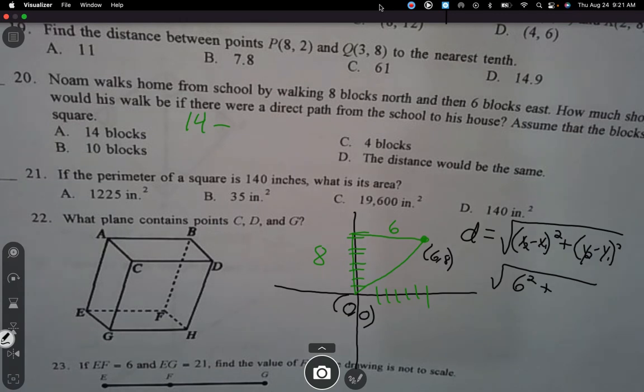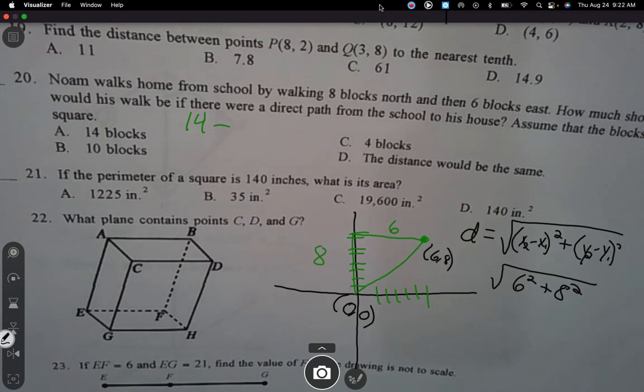Let's subtract our y's. 8 minus 0 is 8. Now, real quick, does anybody not understand where I got those numbers from? From my ordered pairs. Okay, so we have 6 minus 0 is 6, and 8 minus 0 is 8.